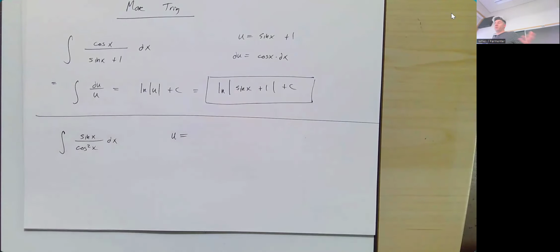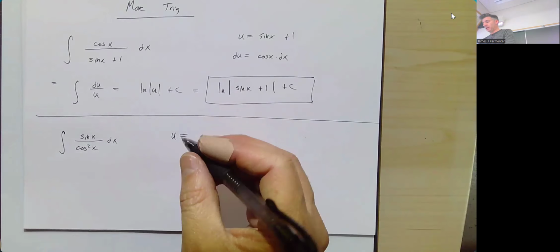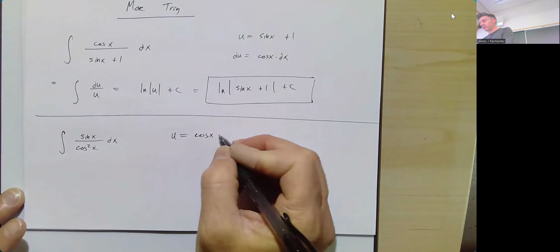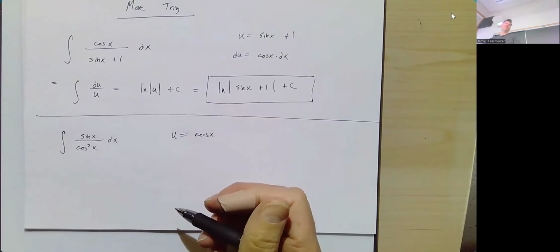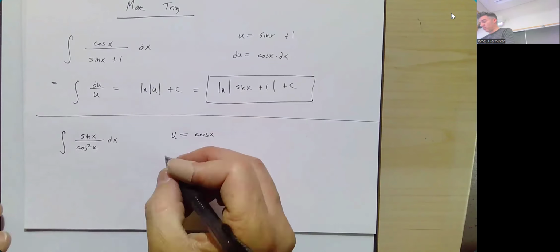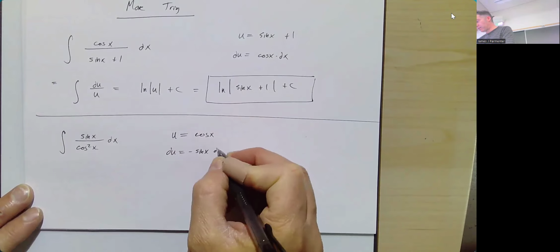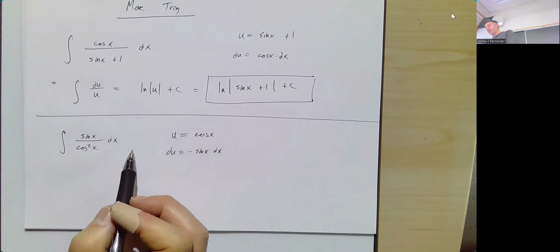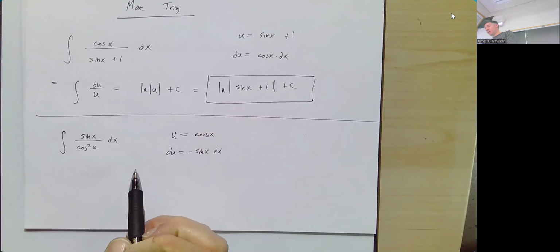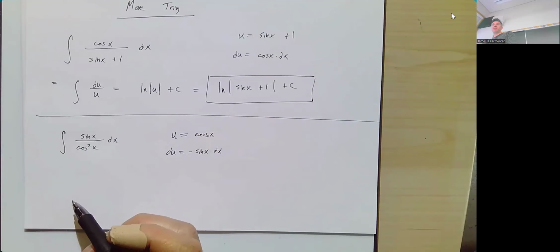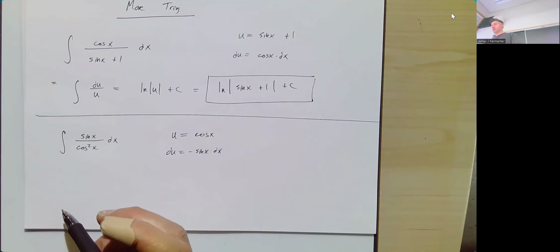So the choice we definitely should make here is u equal to cosine of x. It's mostly because the derivative is essentially sine of x, and I definitely have a sine of x times dx. If I picked u equal to sine, my du would be cosine, and I don't have a cosine of x times dx.